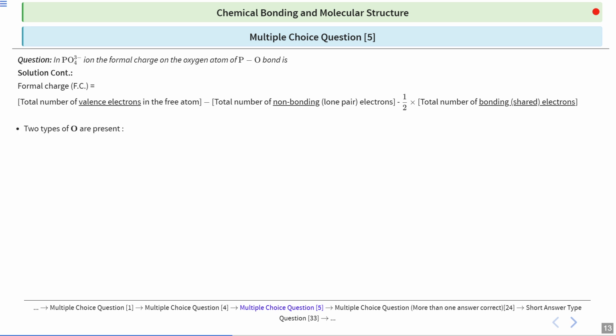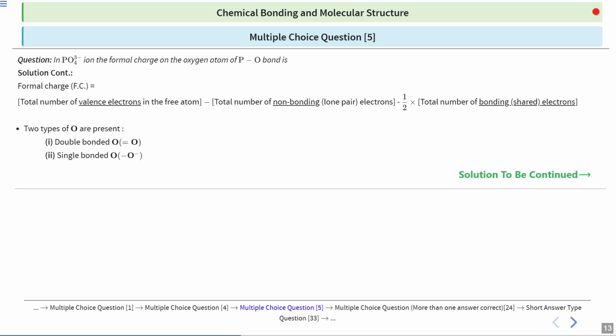As I said earlier, we have 2 types of oxygens present in our PO4 3- molecule, which are double bonded O and single bonded O-. Now let us calculate for both of these. I have calculated for both, but we have to calculate specifically for the P single bond O, not for both, but I have given it for both.